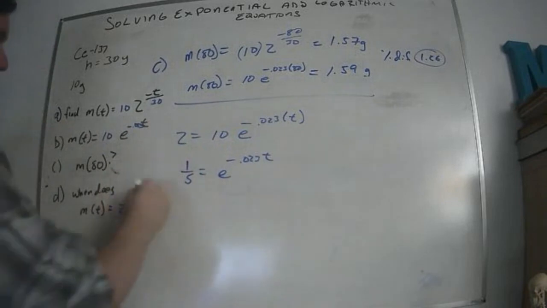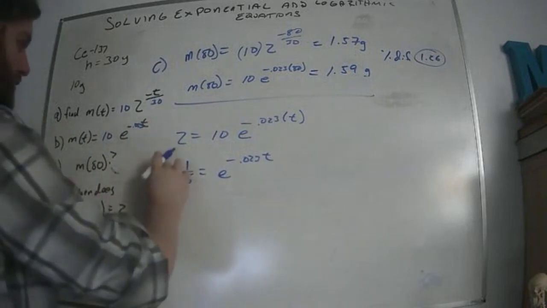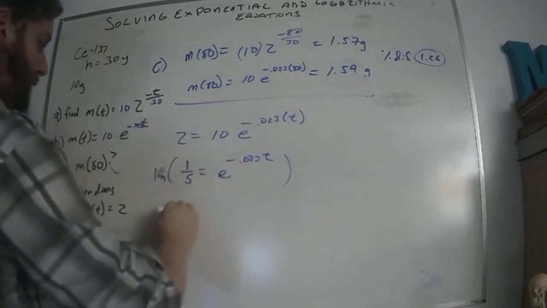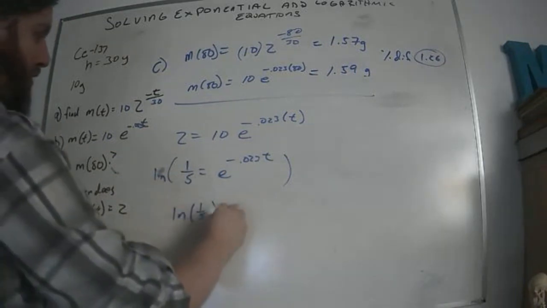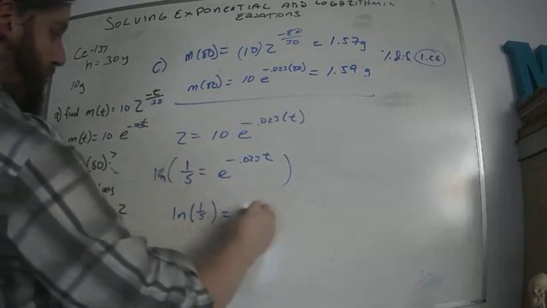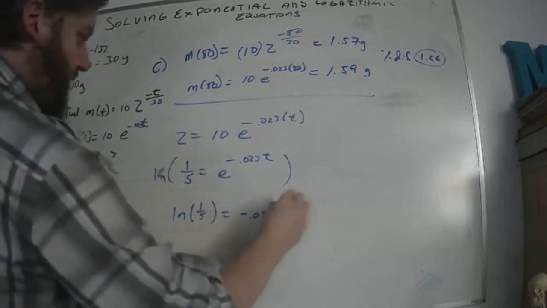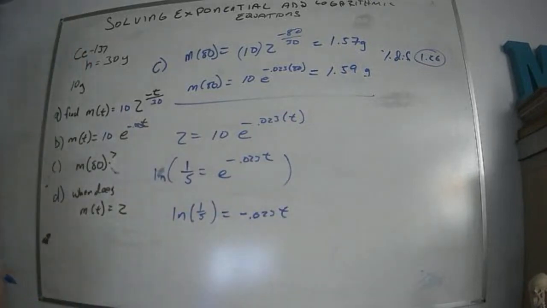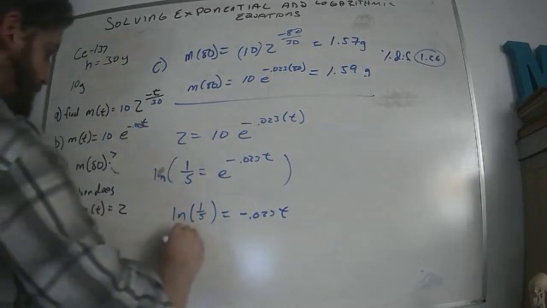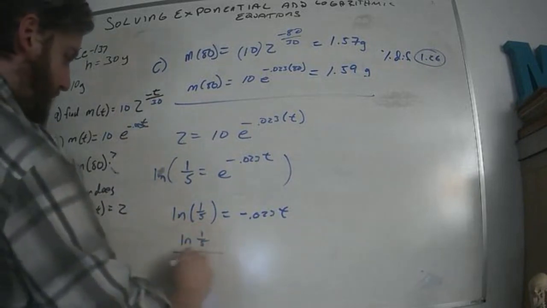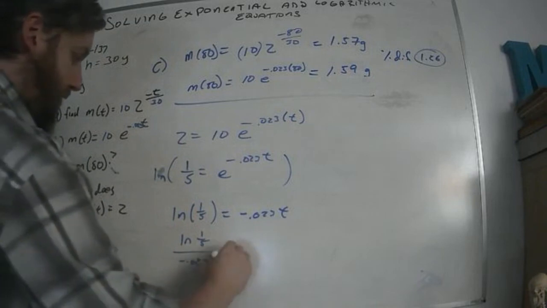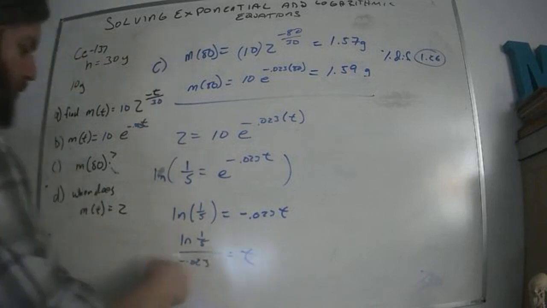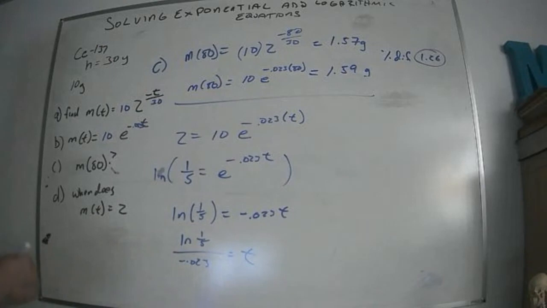I can take the natural logarithm of both sides. The natural logarithm of 1 over 5 equals minus 0.023t. So I have the natural logarithm of 1 over 5 divided by minus 0.023 equals t.